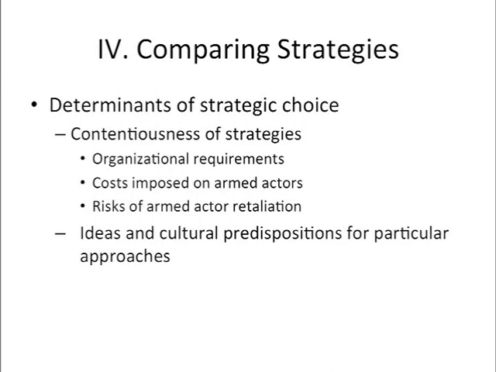The thinking here is that these strategies have different organizational requirements, but they also vary in the costs that they impose on armed actors, and they also have different risks in terms of retaliation from armed groups. So we can think about a continuum of contentiousness, which I will display in a moment. But we also have just ideas and cultural predispositions for particular approaches.